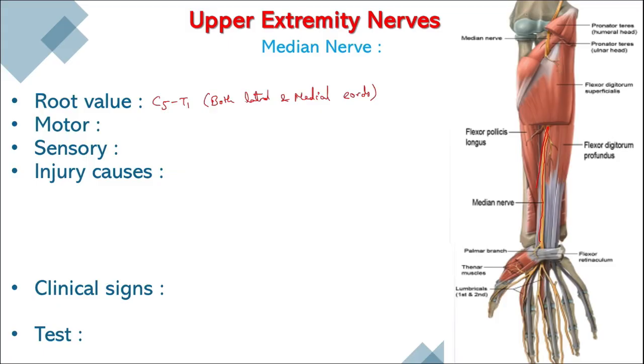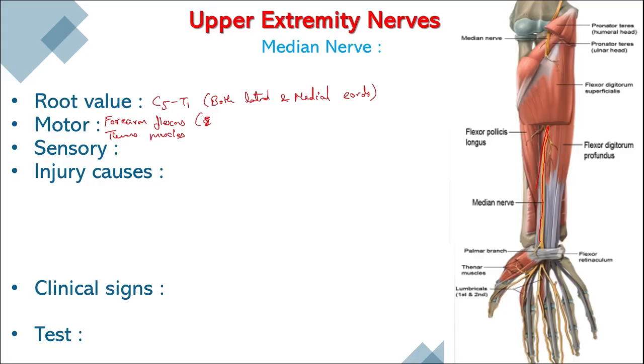What are the main motor functions? The motor innervation is the forearm flexors and the thenar muscles.